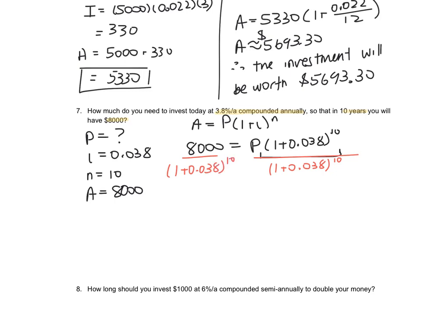So now you go to your calculator and plug this in. I want you to pause the video here to make sure you are plugging it in properly. And when you do, you should have 8,000 divided by, open up a bracket, 1 plus 0.038, close bracket, to the power of 10, and that should work well for you. So pause the video and then come back to check your work.